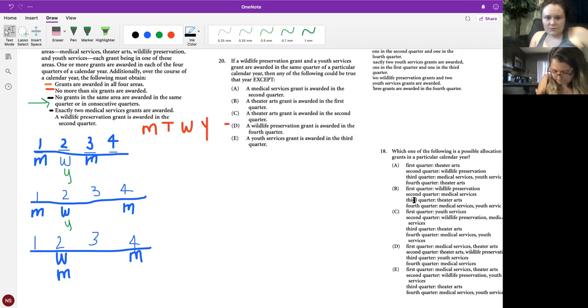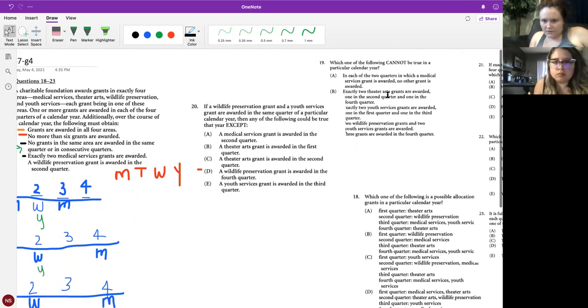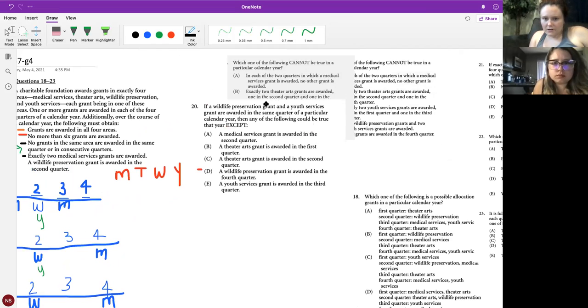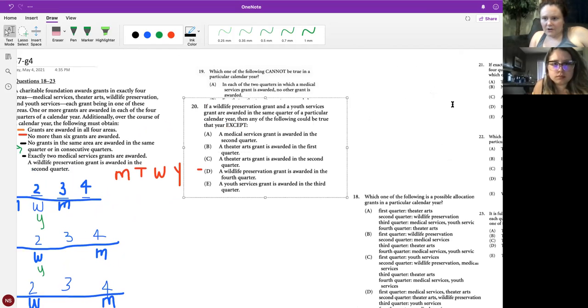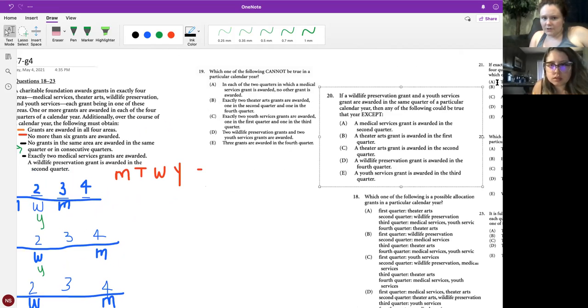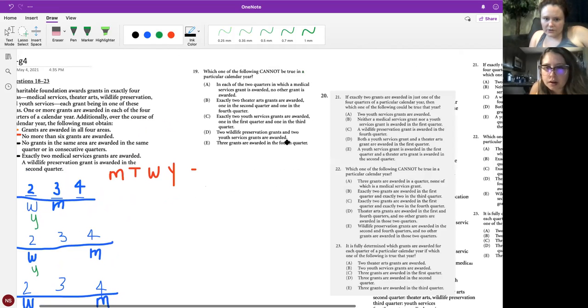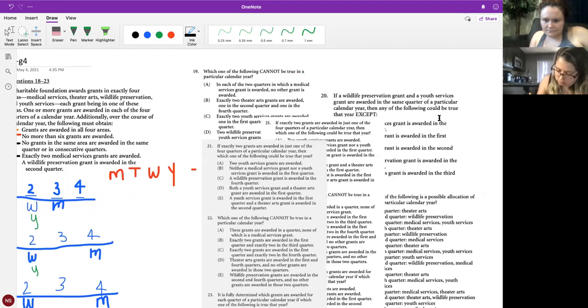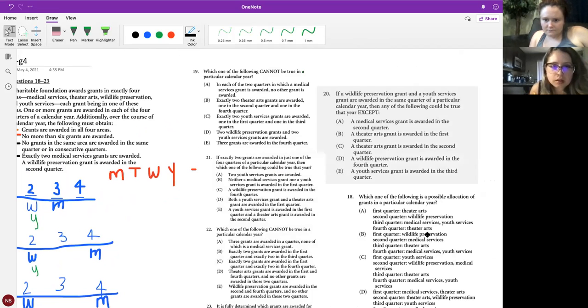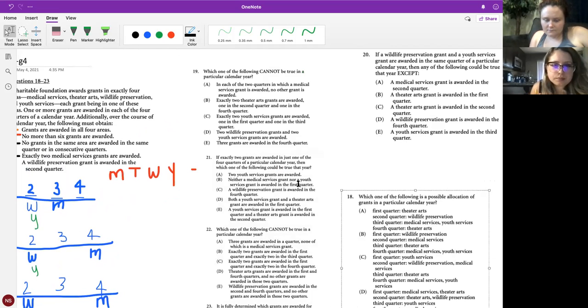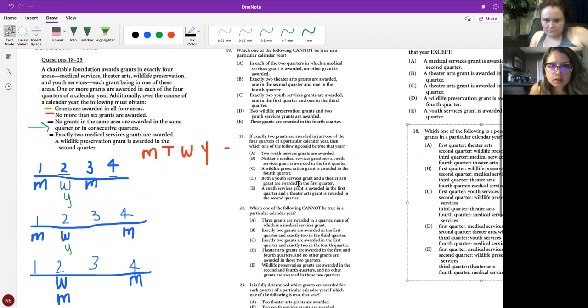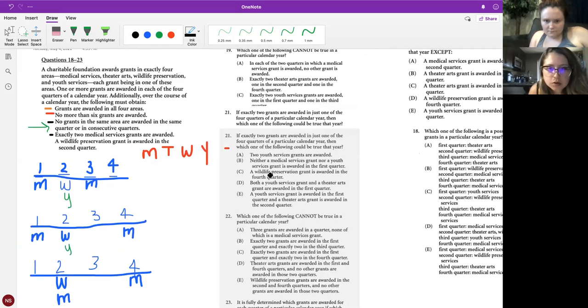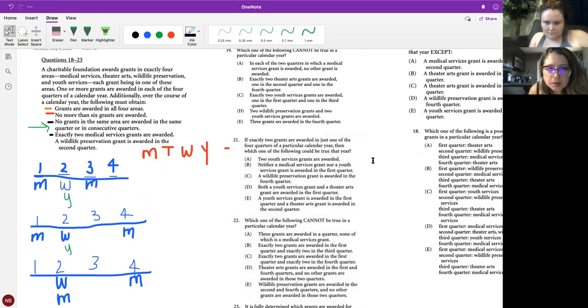All right. So we did 20. So now we would go on and do number 21. If exactly 2 grants are awarded in just one of the 4 quarters of a particular calendar year, then which of the following could be true?